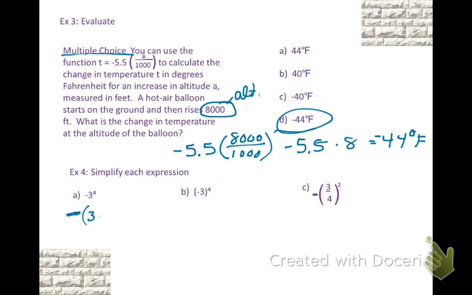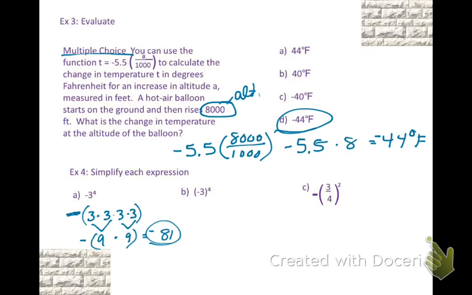So I am multiplying the 3 4 times. So this is 9 and this is 9. And then you still have a negative out there. So 9 times 9 is 81 and you have a negative. So it's negative 81.